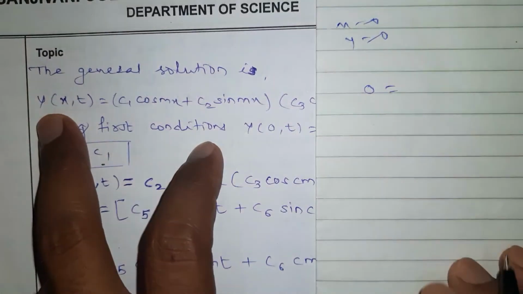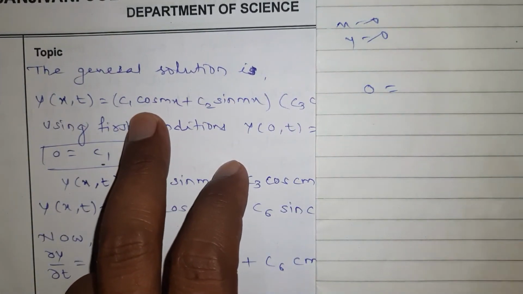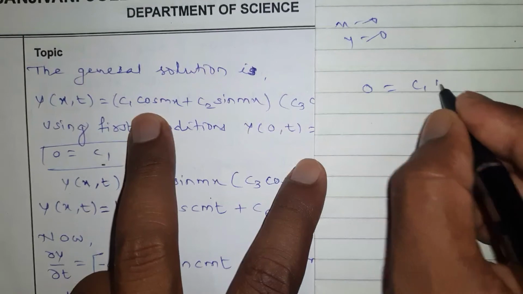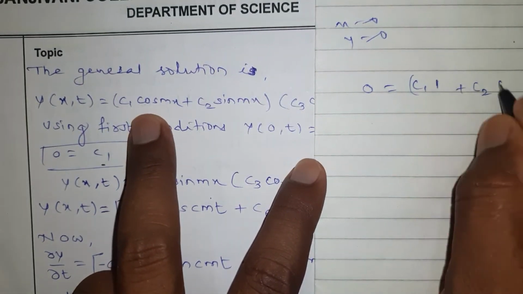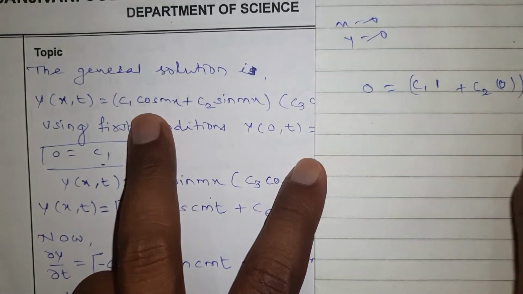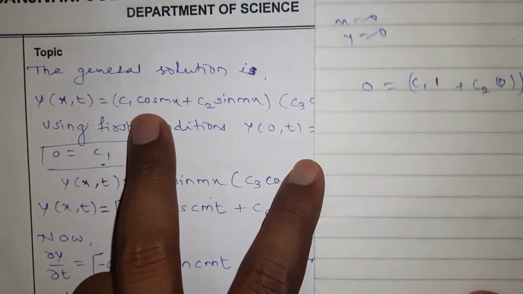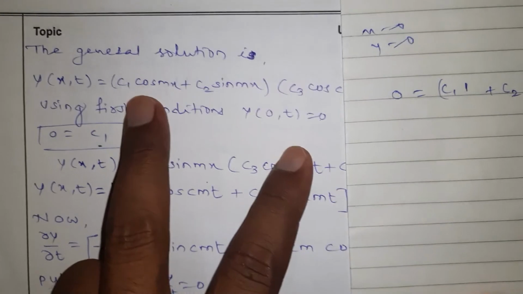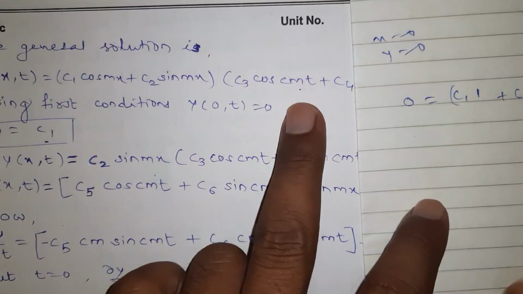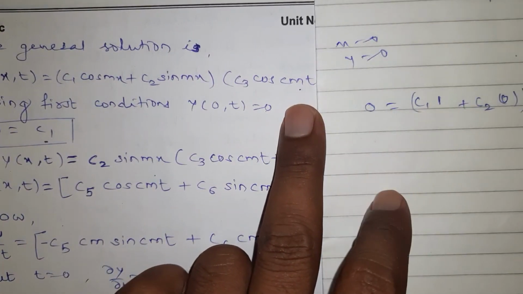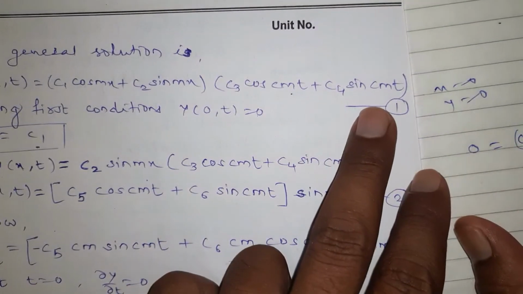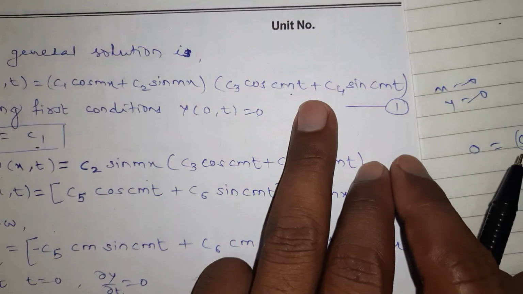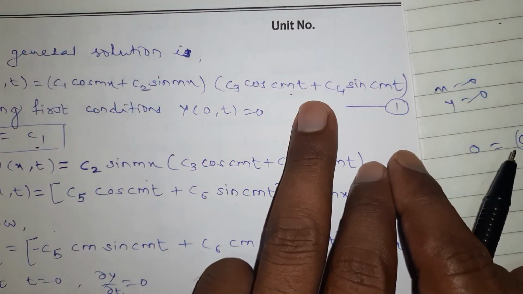So 0 is equal to c1 cos 0, which is 1, plus c2 sin 0, which is 0, into c3 cos cmt plus c4 sin cmt, which remains as it is because the value of t remains as it is.